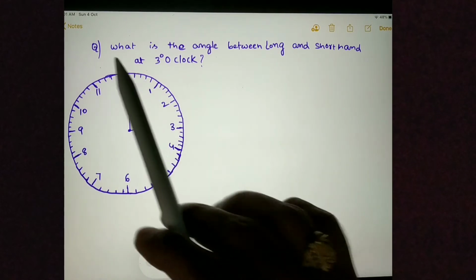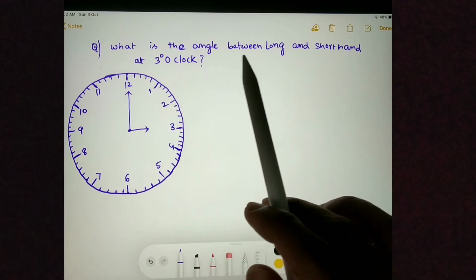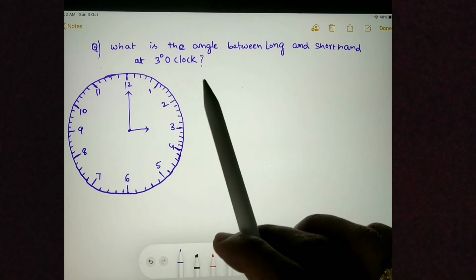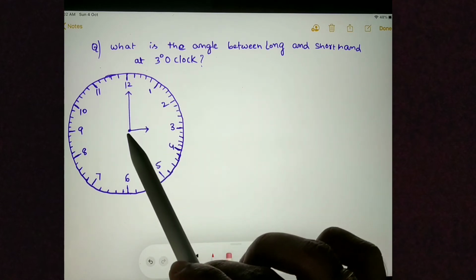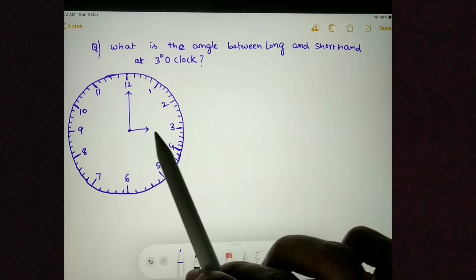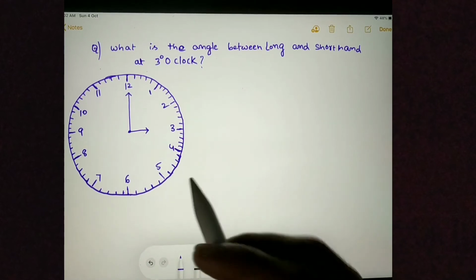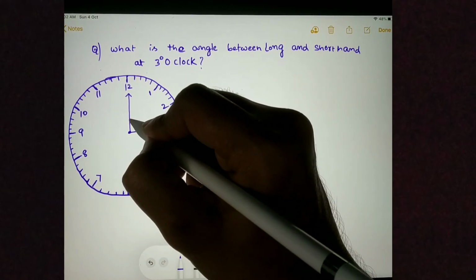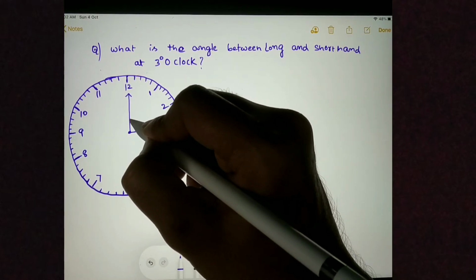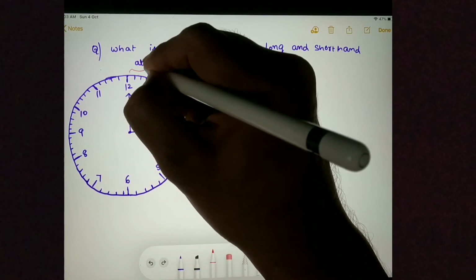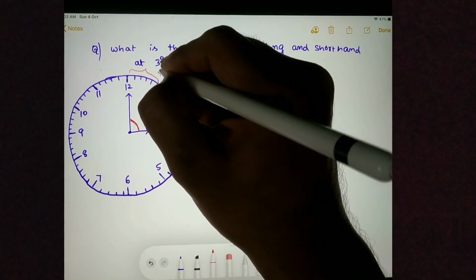First problem is, what is the angle between long and short hand at 3 o'clock? At 3 o'clock, the long hand will be at 12 and the short hand will be at 3. The question is, what is the angle between these two hands? It means we need to get this angle. We already know that from here to here the angle is 30 degrees.